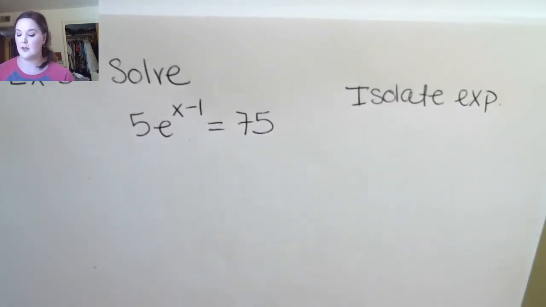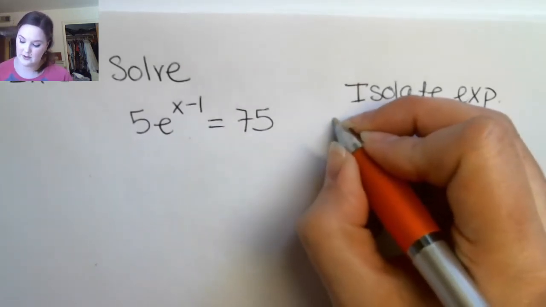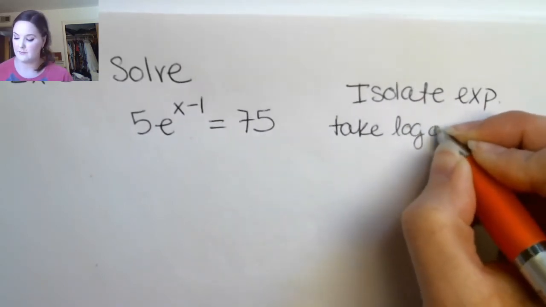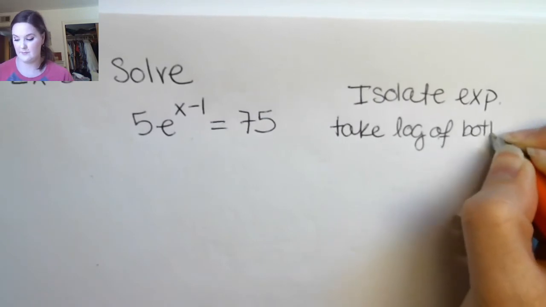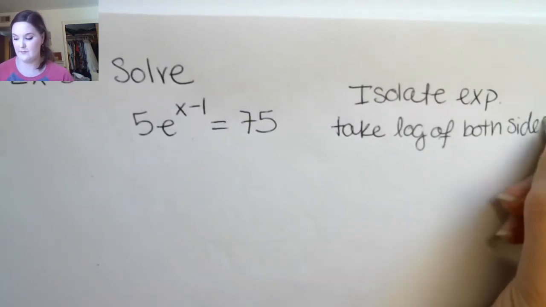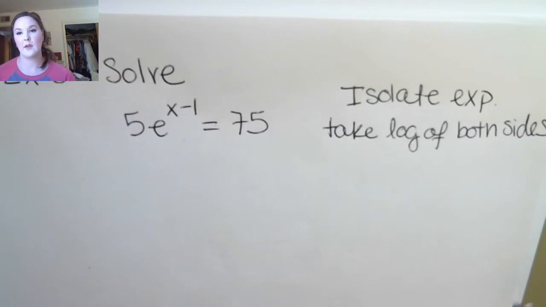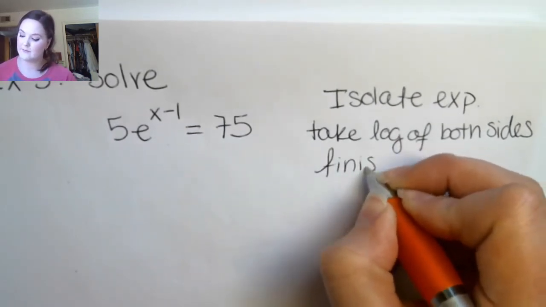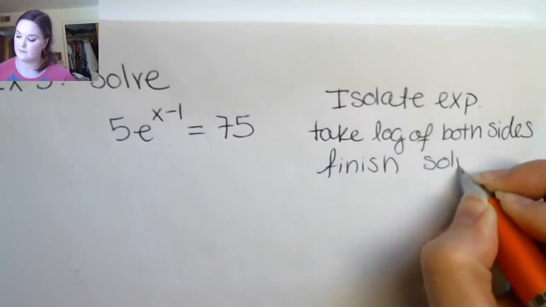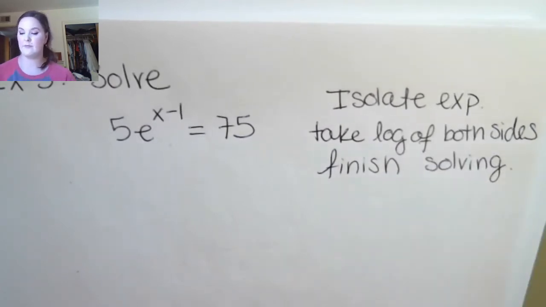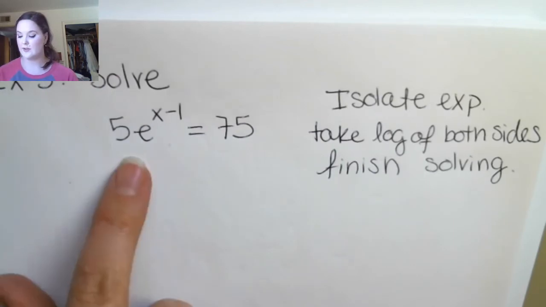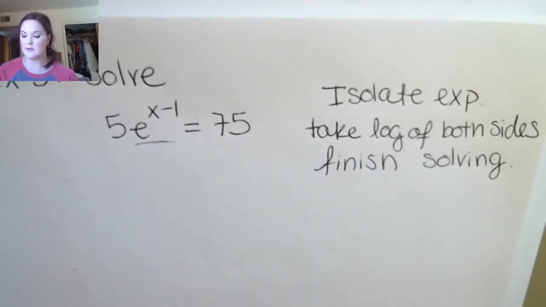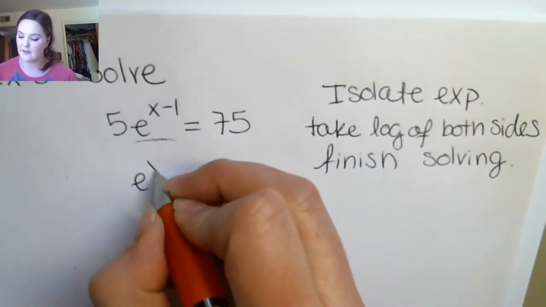Then you want to take the log of both sides. And then you're going to finish solving. All right. So first, I want to isolate my exponential, which is this e to the x minus 1. Okay, so I'm going to divide both sides by 5.